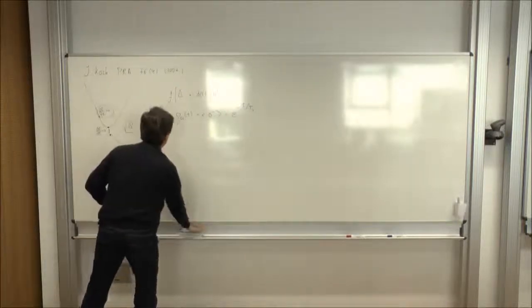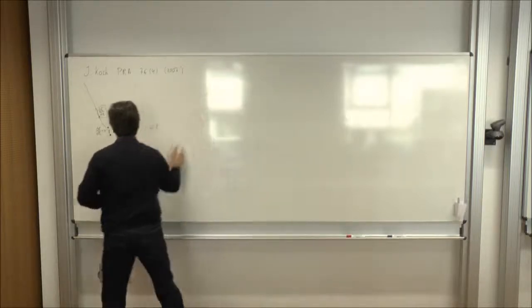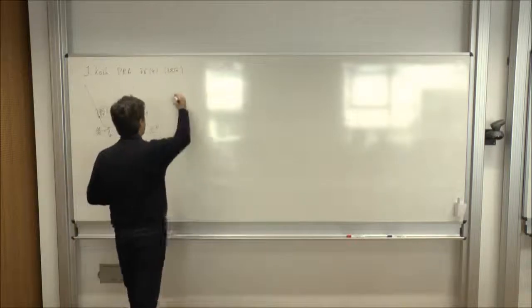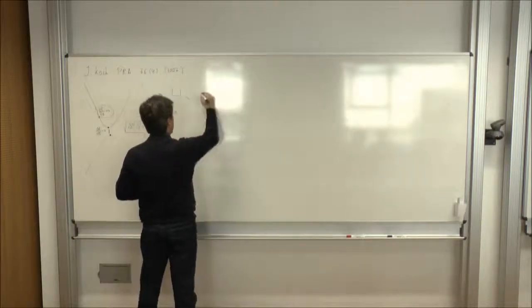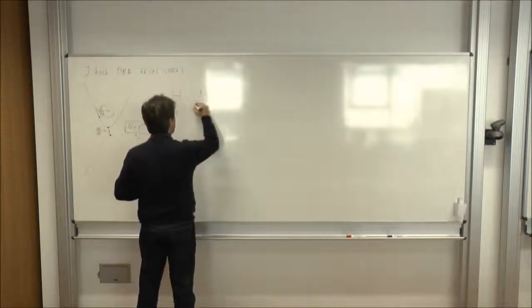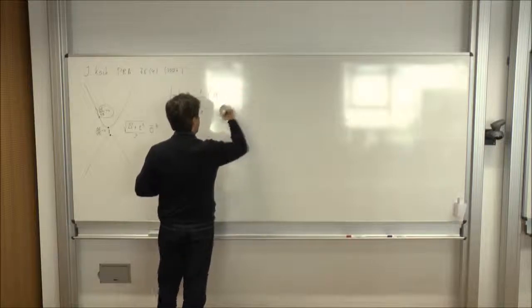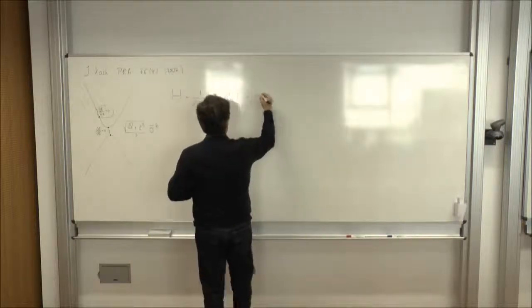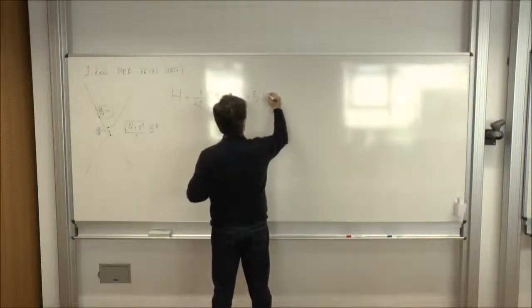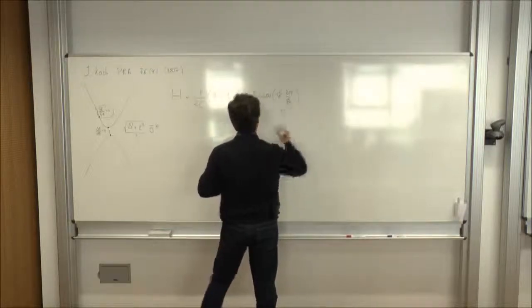So we have a charge qubit Hamiltonian, which we wrote as 1 over 2C (Q minus some externally induced charge) squared, and minus Ej cosine of a flux 2 pi over phi 0.